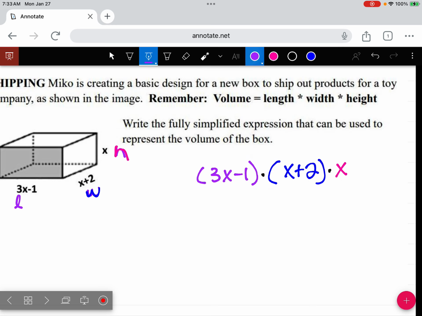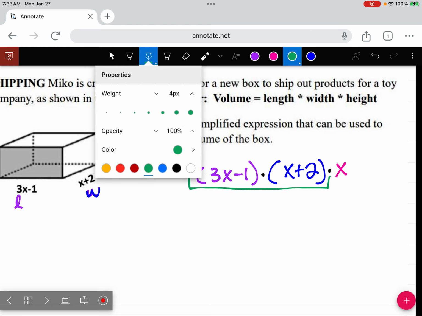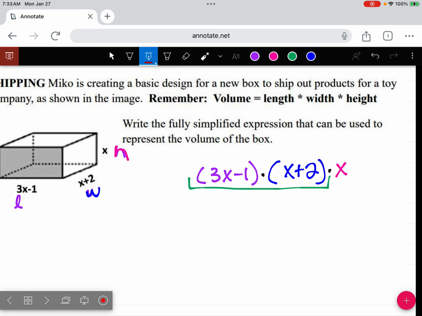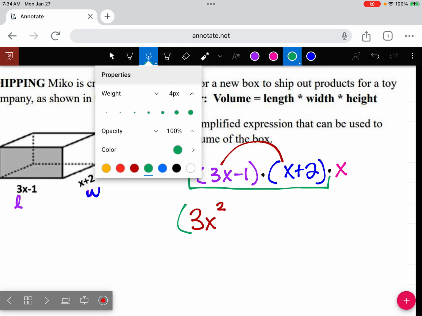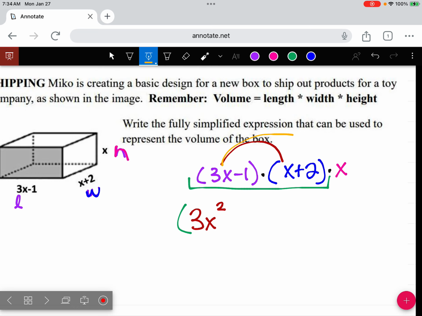So we're going to multiply these guys together. I'm about to have to introduce new colors. I'm going to start with the first two pieces and multiply these guys together. I'm going to have my 3x times x, giving us 3x squared. I'm going to have my 3x times 2, giving us a plus 6x.